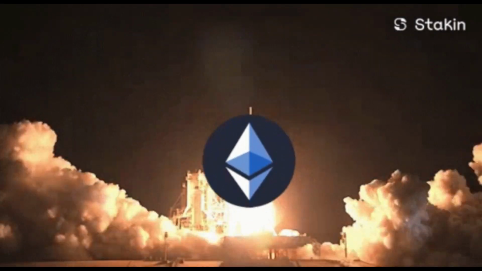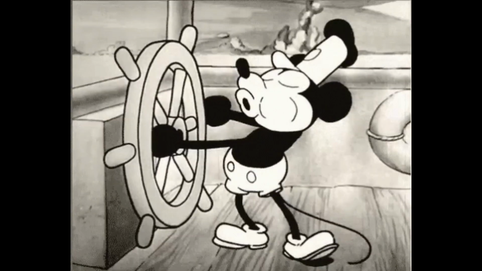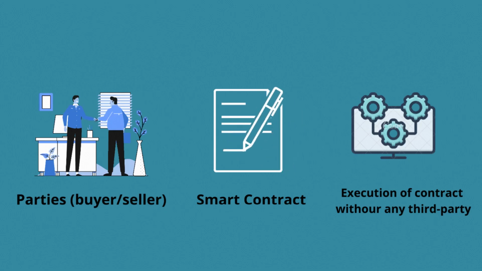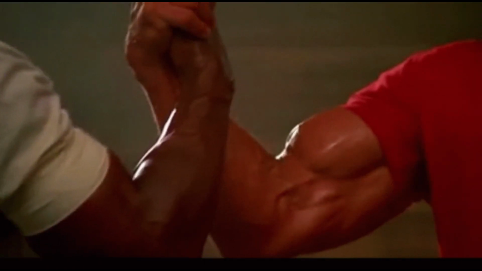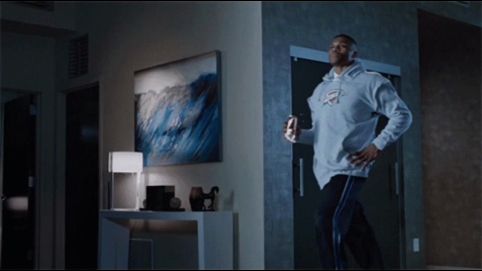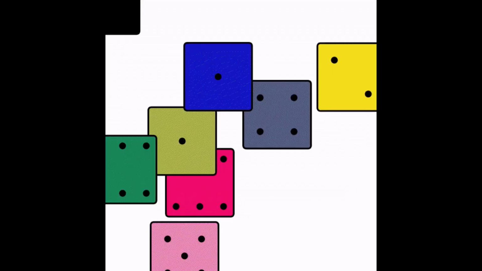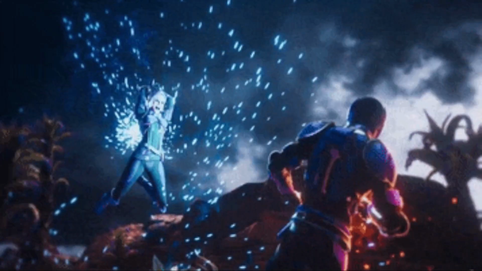Launched in 2015 by Vitalik Buterin and a team of developers, Ethereum pioneered the introduction of smart contracts, which are autonomous programs that automatically execute the terms of an agreement when predefined conditions are met. This enables a variety of use cases, from decentralized voting systems to decentralized finance, the famous DeFi, and gaming.